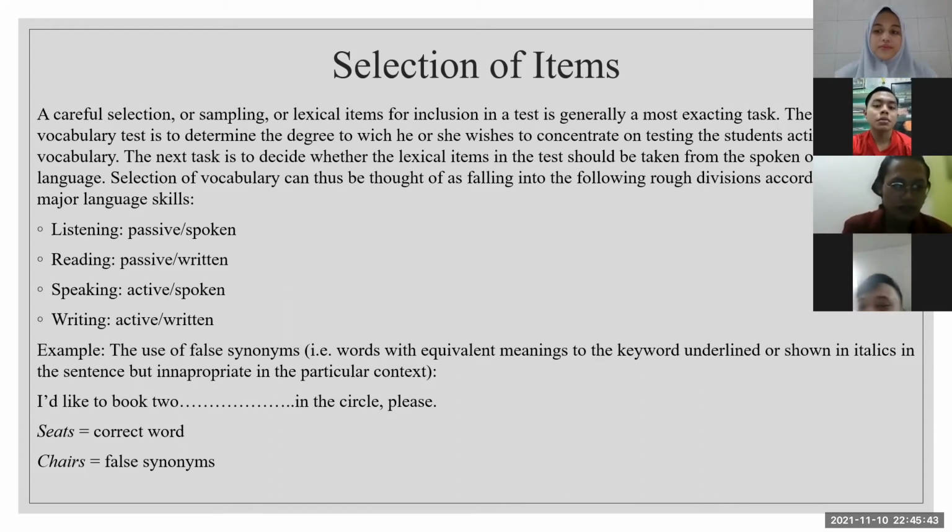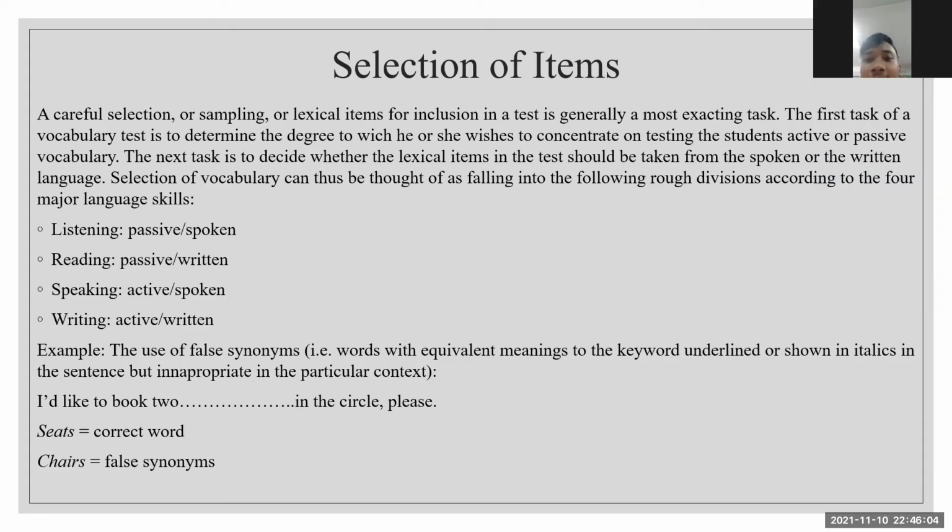Okay, thank you. So next is selection of items. Selection of items, that is, careful selection or sampling of lexical items for inclusion in a test, is generally a most exacting task. The first task of a vocabulary test writer is to determine the degree to which he or she wishes to concentrate on testing the student's active or passive vocabulary.